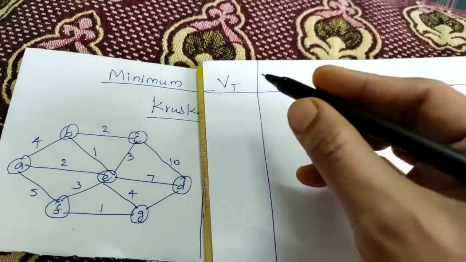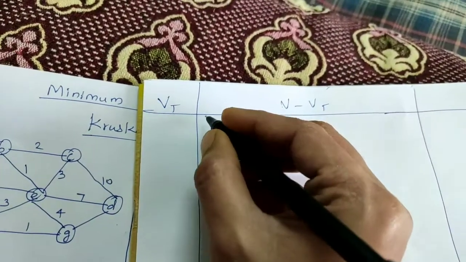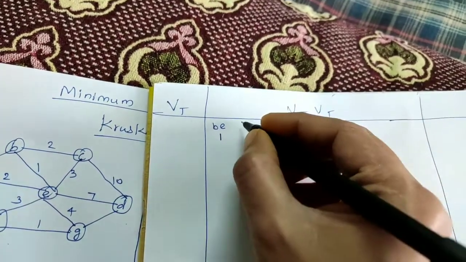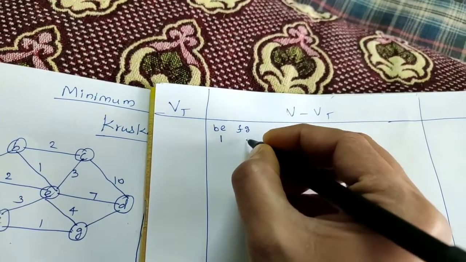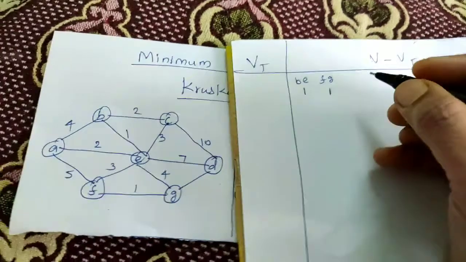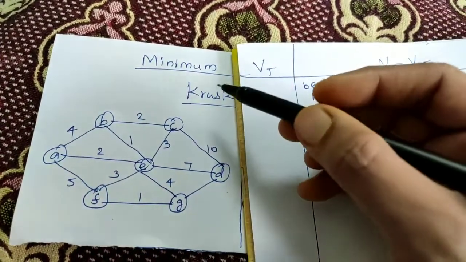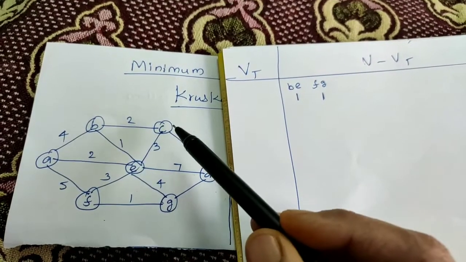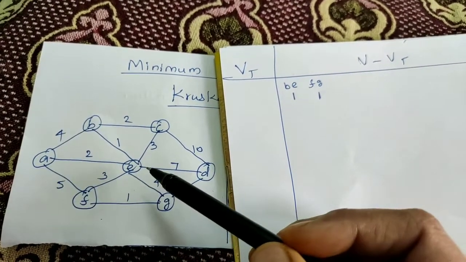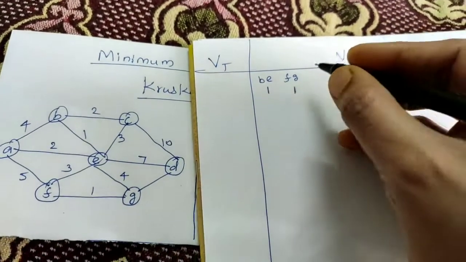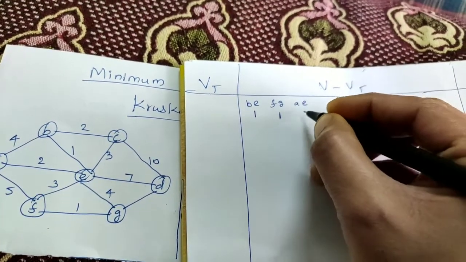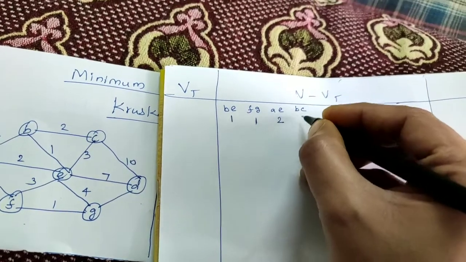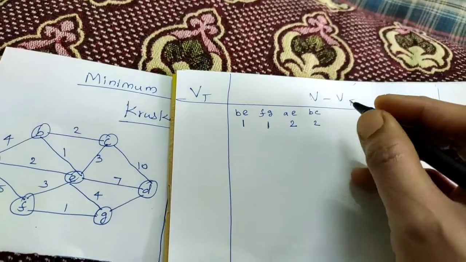So let us write the edge BE with weight 1, FG with weight 1. So next minimum edges are BC with weight 2, again AE with weight 2. So I am just going to write AE with the weight 2 and BC with the weight 2.